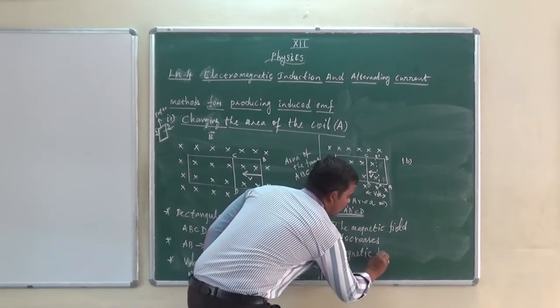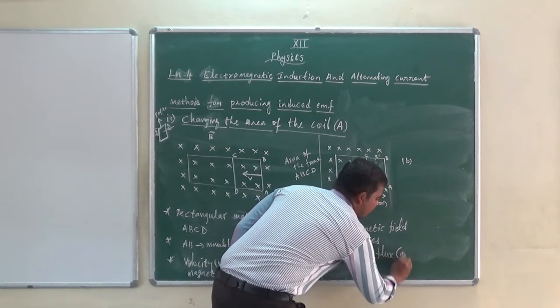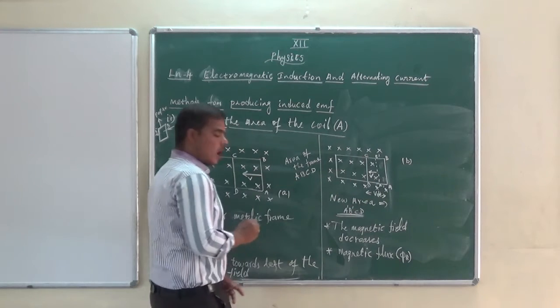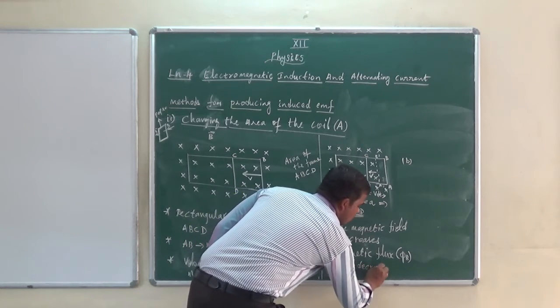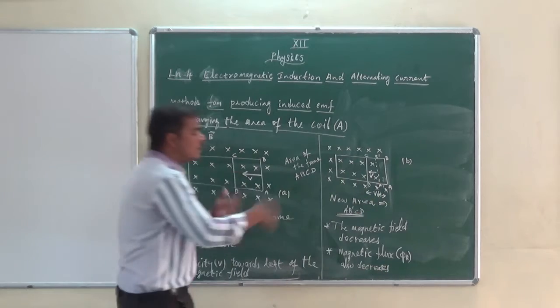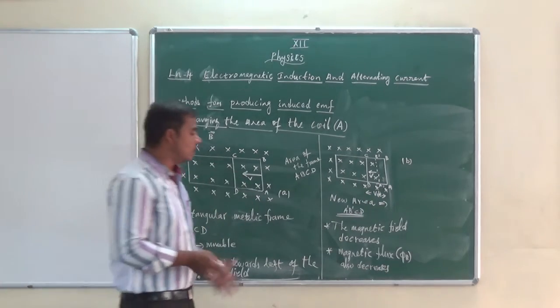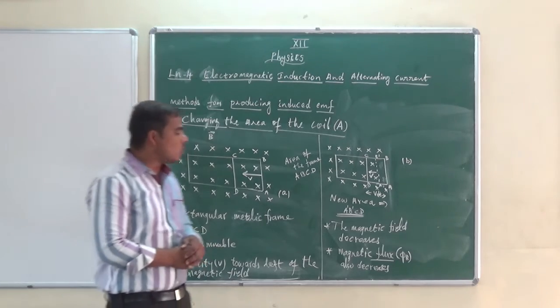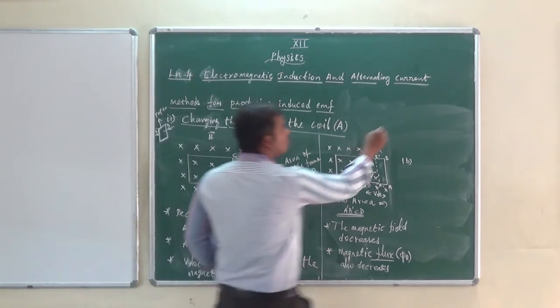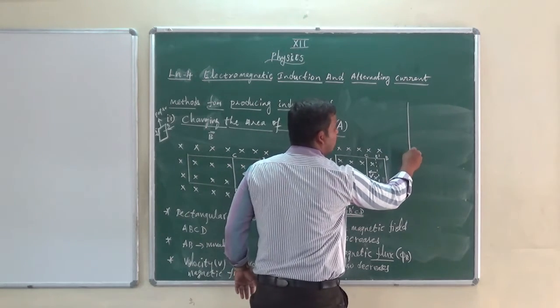The magnetic flux, represented by phi B, also decreases according to Faraday's law of electromagnetic induction.